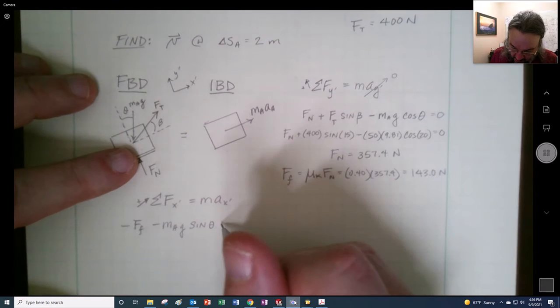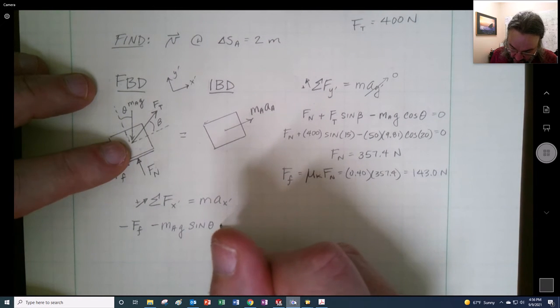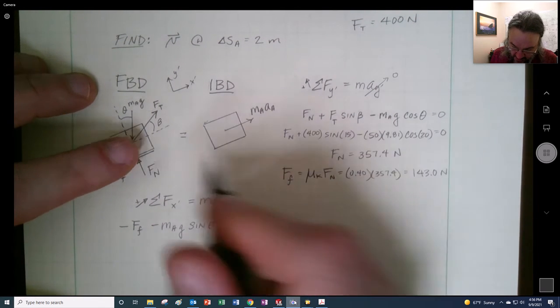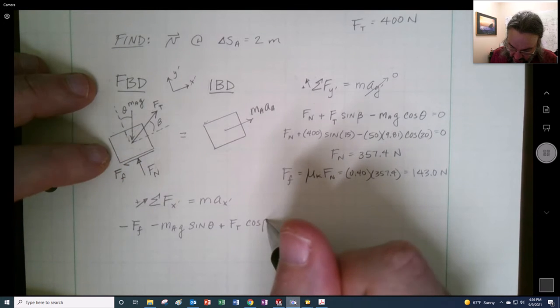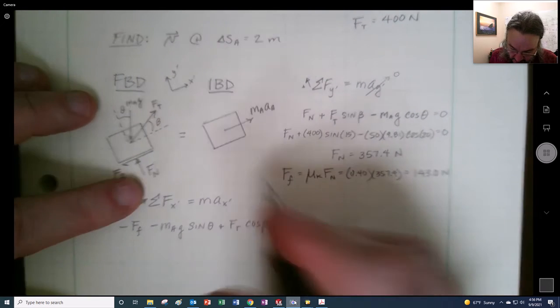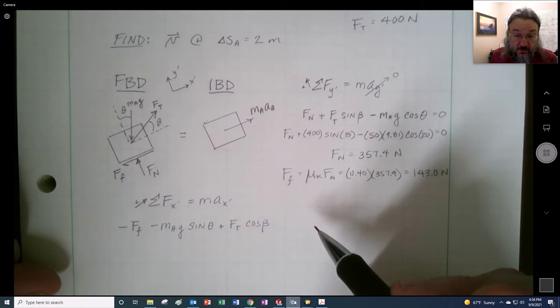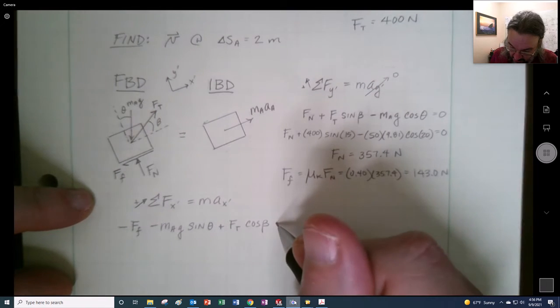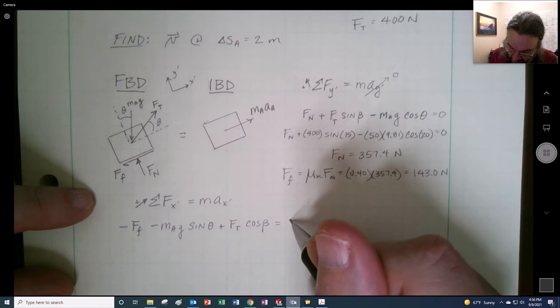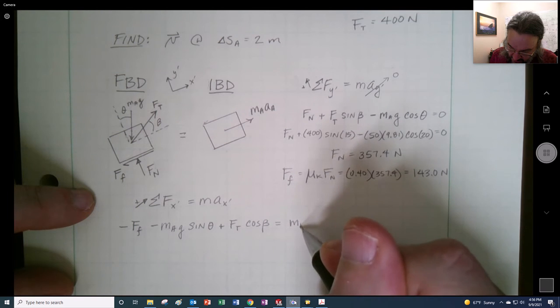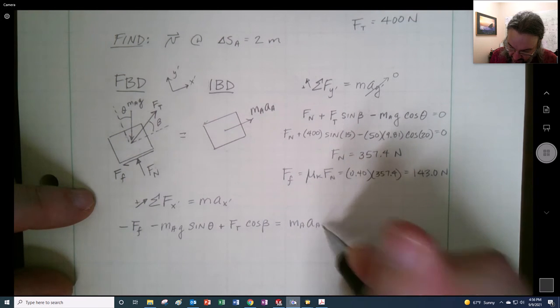And then we're going to have plus Ft times the cosine of beta, and that's everything. Fn doesn't have any x component, and then it's all going to be equal to the mass times the acceleration of a.